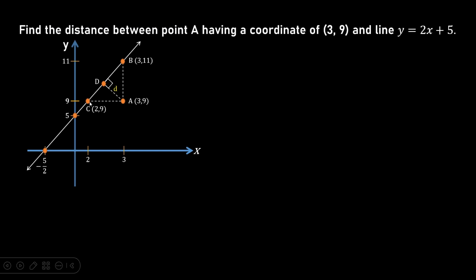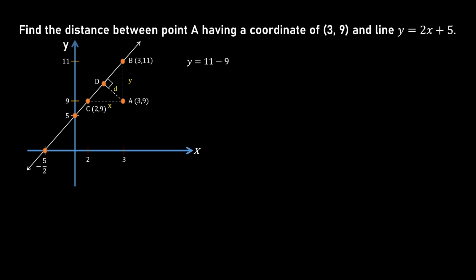So, let's first denote the distance between points C and A as x, and denote the distance between points B and A as y. So let's compute for the values of these variables. Let's first compute the value of y. Y is the distance between points B and A. And if we are solving for the distance of 2 points, we basically use the distance formula.